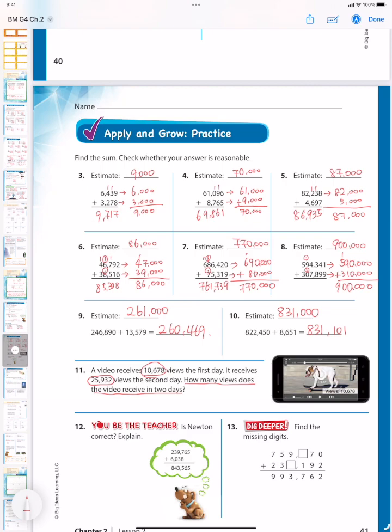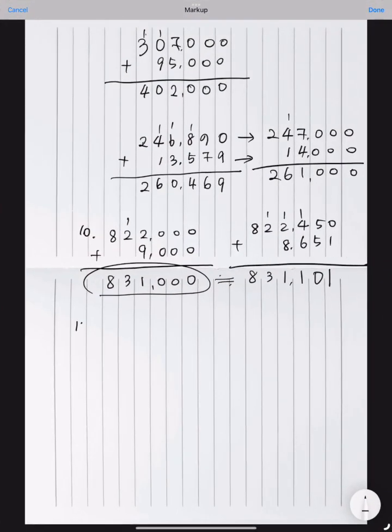So now, if you want to use the notebook, you can go ahead, and you have to line them up. Number 11, I'm going to put this in here. 10,678 plus 25,932.